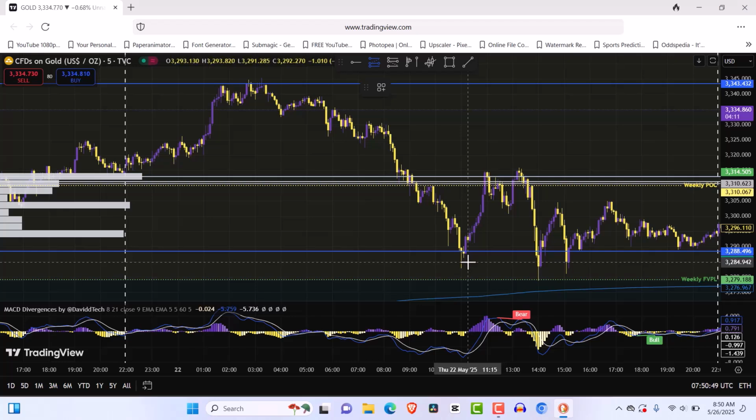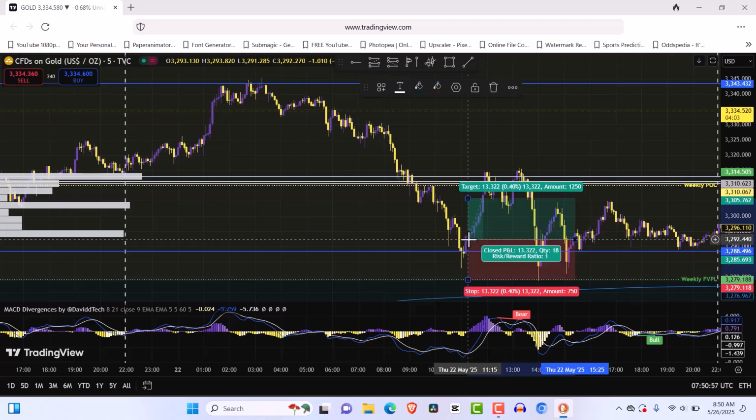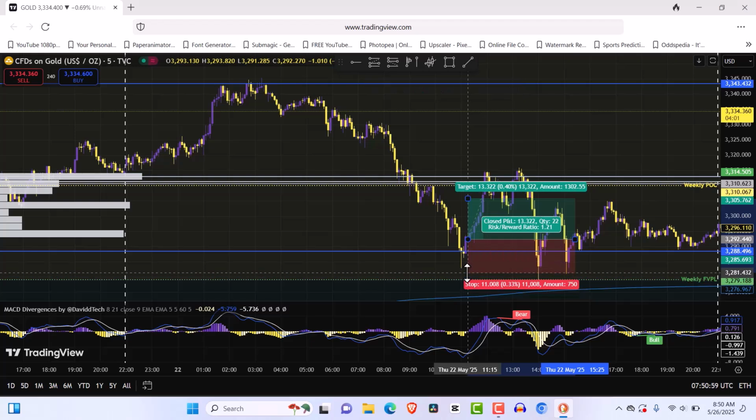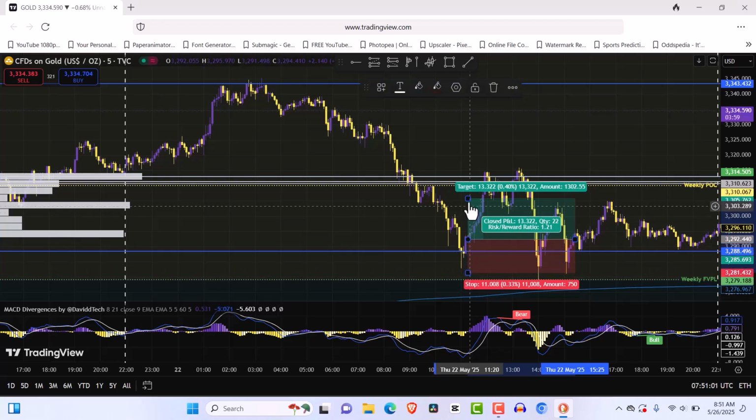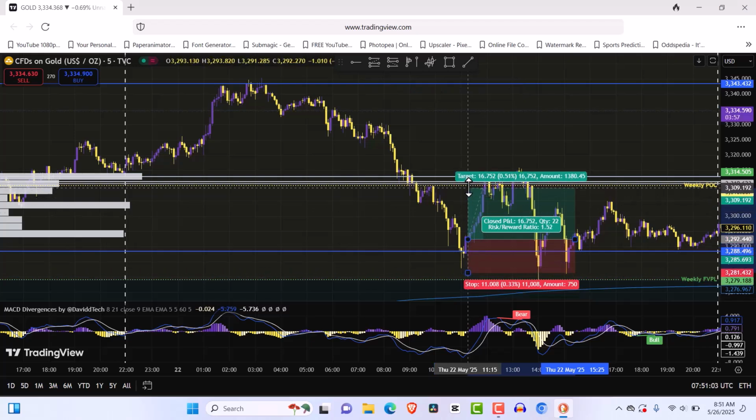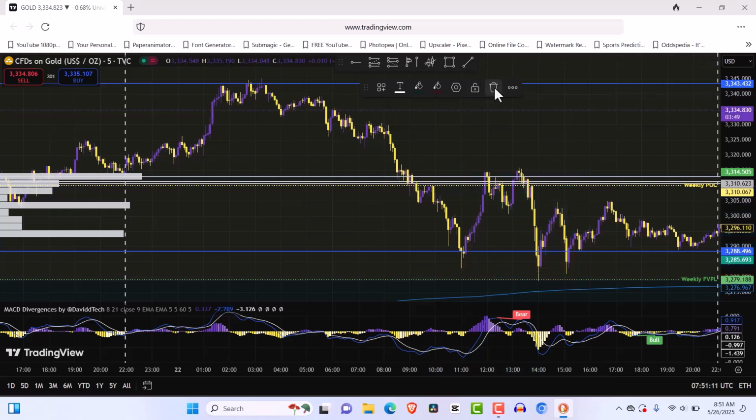So let's take that first trade. Okay, so we had it here. We would have taken that first trade here, just placing the low here and taking it back to this point. So that is a 1.5 hour trade. Yes, and we would have been done with that trade. But then what happened again?